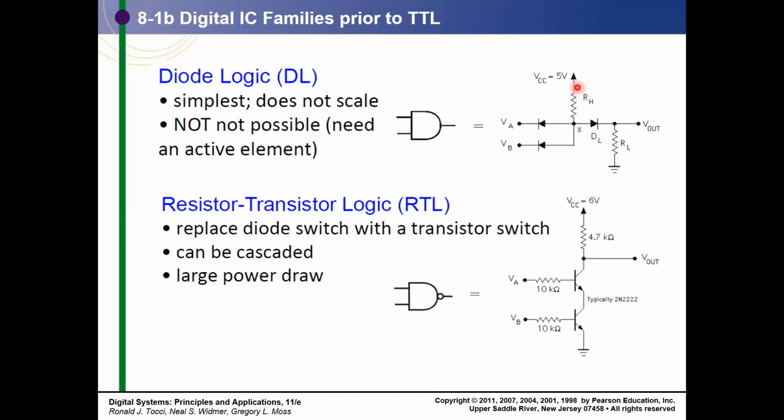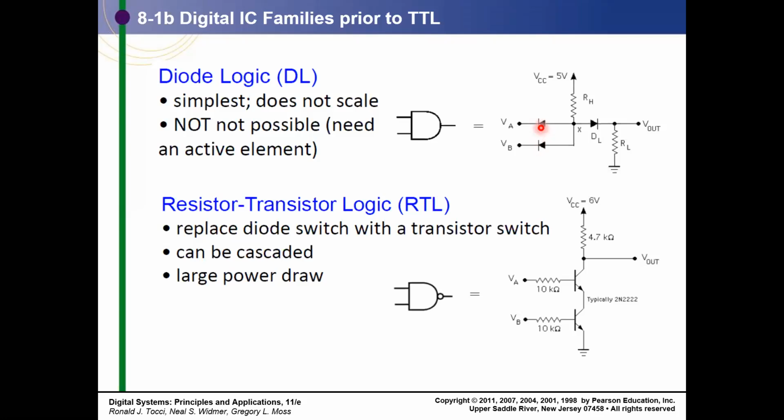Since a lot of potential has fallen over here, this potential is definitely less than the high 5 volt which you are applying over here. This does not turn on, because to turn on, this node should be at least one diode drop less than this node, which is not there.